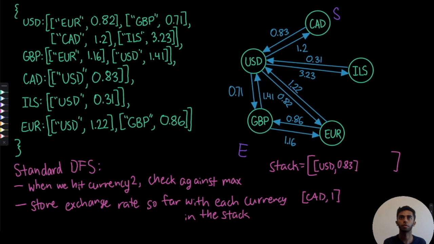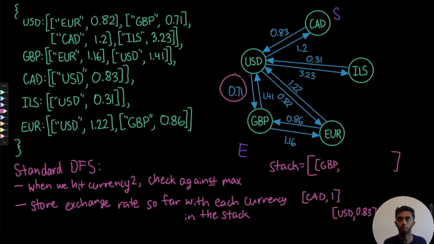Then that's the only neighbor of the Canadian dollar. So in terms of our graph, we can pull out US dollars here and then explore the path if we went down to the pound. In that case, we would put the pound here, and we will take our 0.83, because that was how we got to US dollars, which was the previous node, but multiply that by the exchange rate from US dollars to the pound.